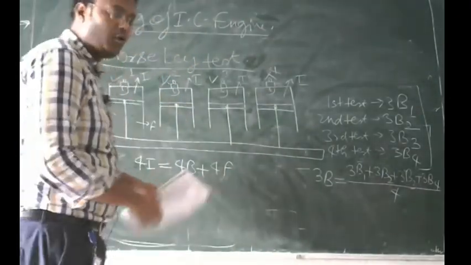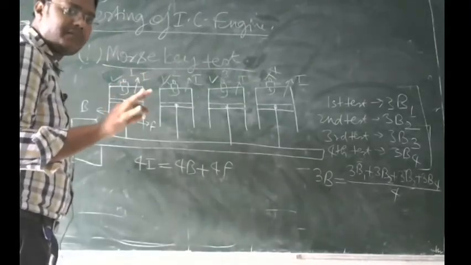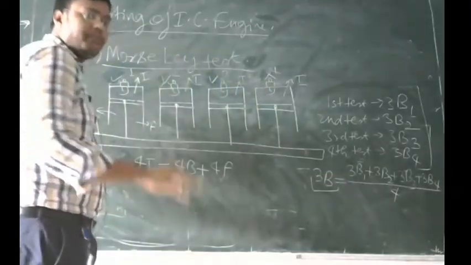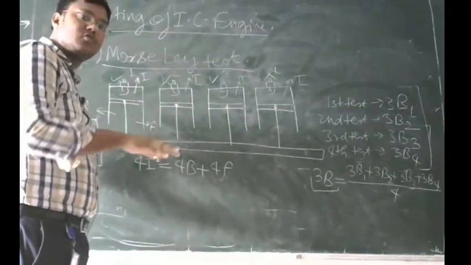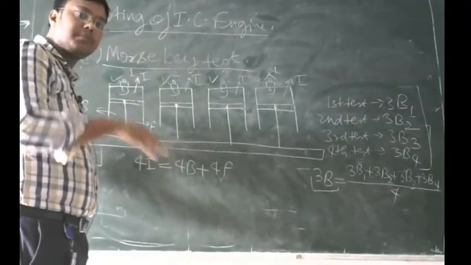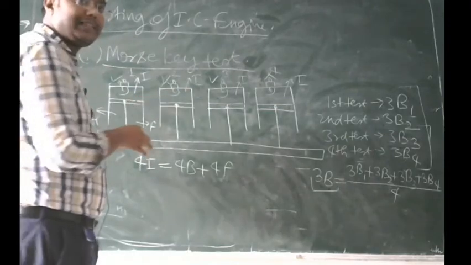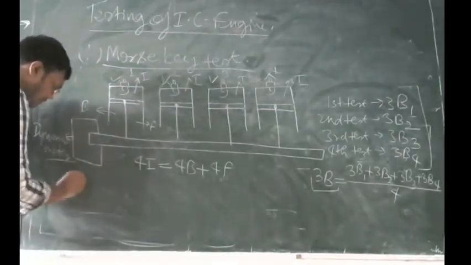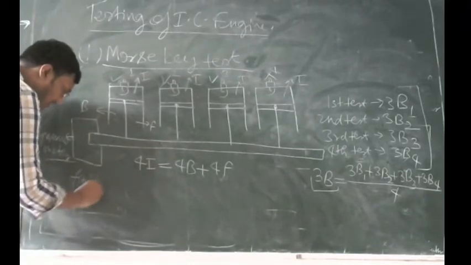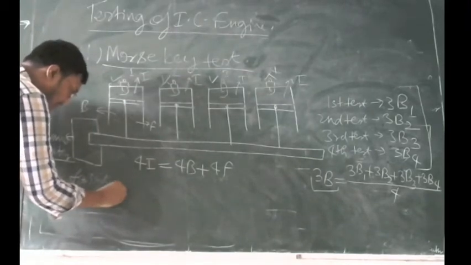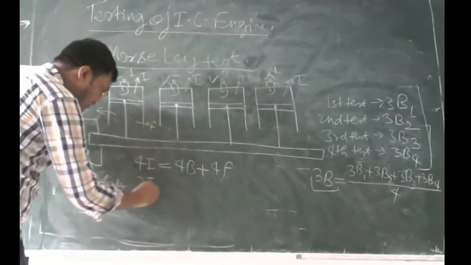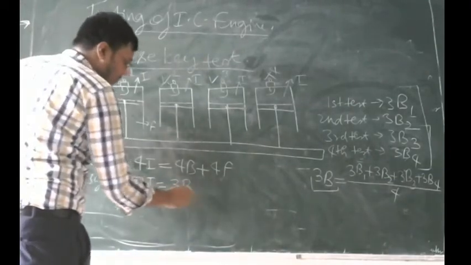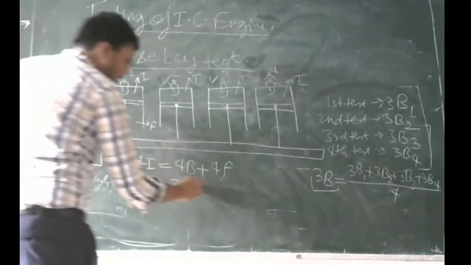Okay. Now as we are getting brake power from only three cylinders, we will get the indicated power also from three cylinders. So if you want to make the equation, for three cylinders it will become 3I equal to 3B, the brake power from three cylinders, plus.